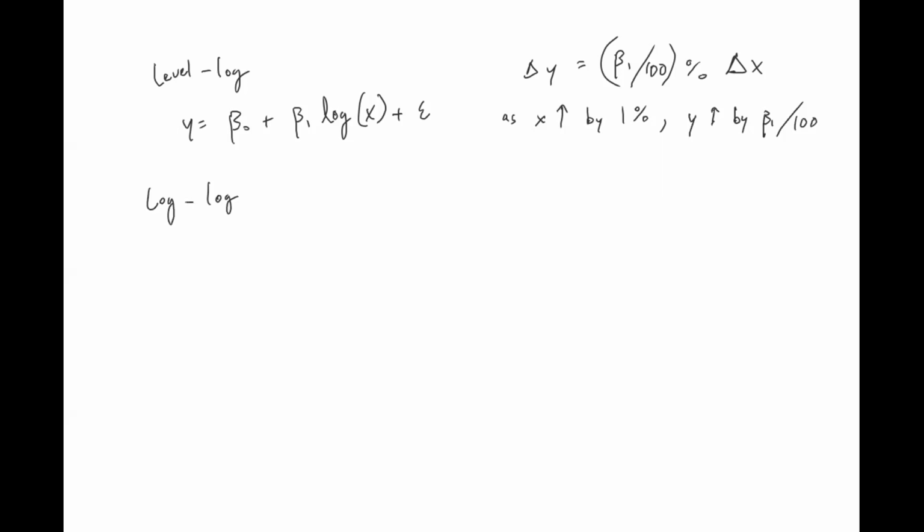And the last one is where you have a log-log, and so this might be log of y equals beta 0 plus beta 1 log of x plus epsilon. And if you're following the pattern here, then you can hopefully predict what is happening.